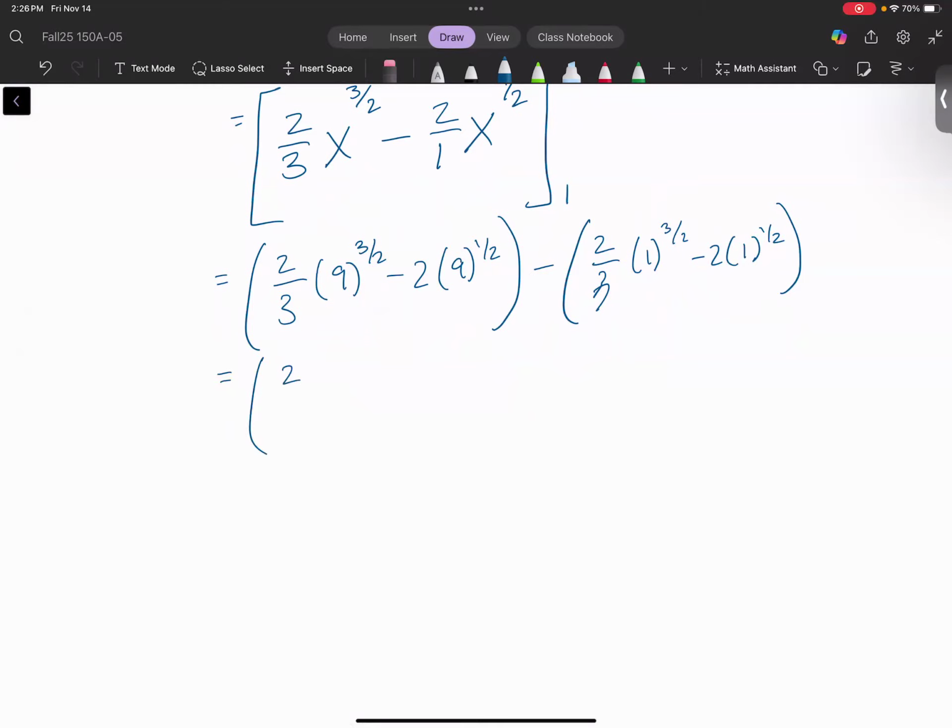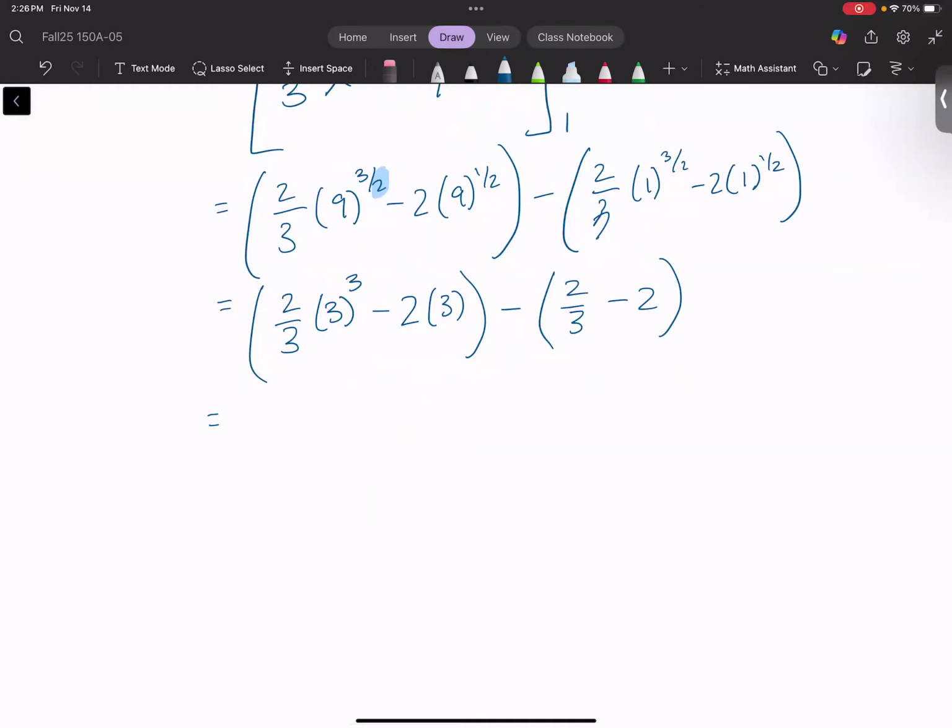So this is 2/3 times 9 to the 3 over 2. The over 2 is a square root, so the square root of 9 becomes a 3, and I just got 3 cubed. Same thing here, 2 times 9 to the half is just the square root of 9, which is 3. Then 1 to any power is 1, so those just disappear.